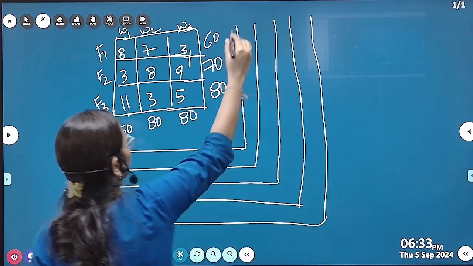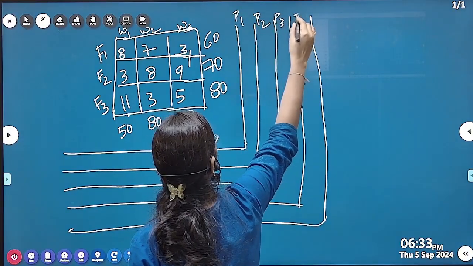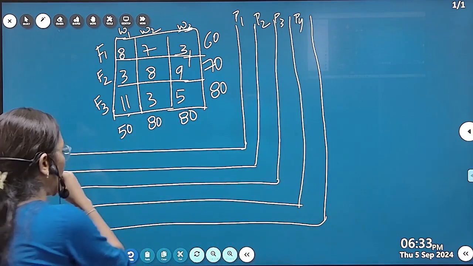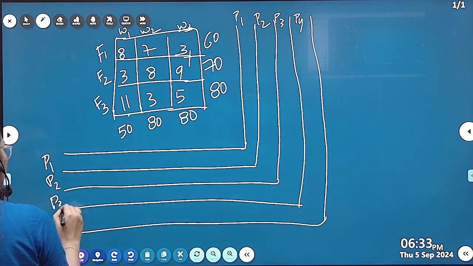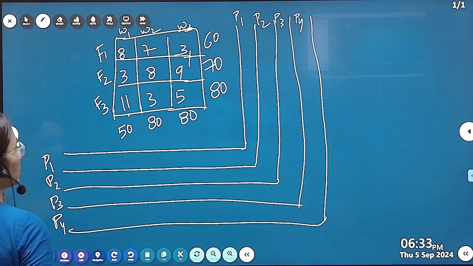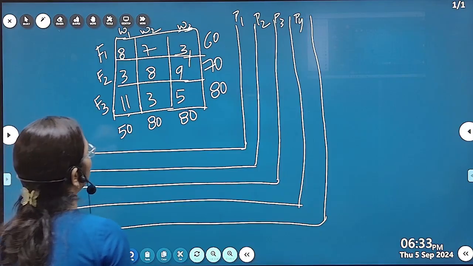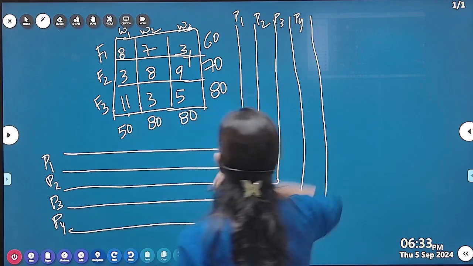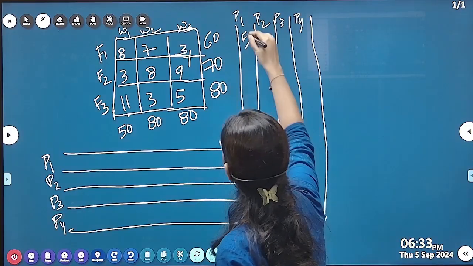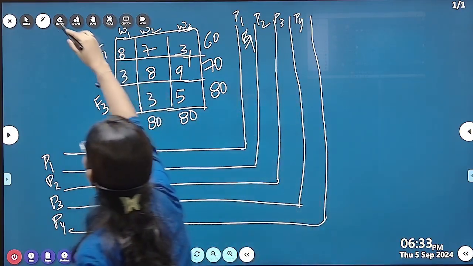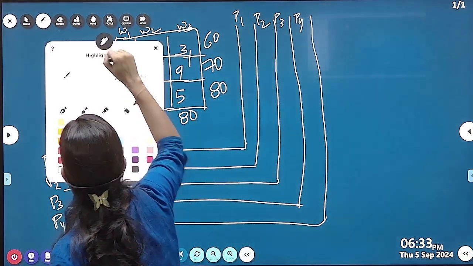Right. P1, P2, P3 and P4. Okay. Next. So tell me which one is the least cost? 7 minus 3 it is 5, sorry 4. 7 minus 3 is 4.